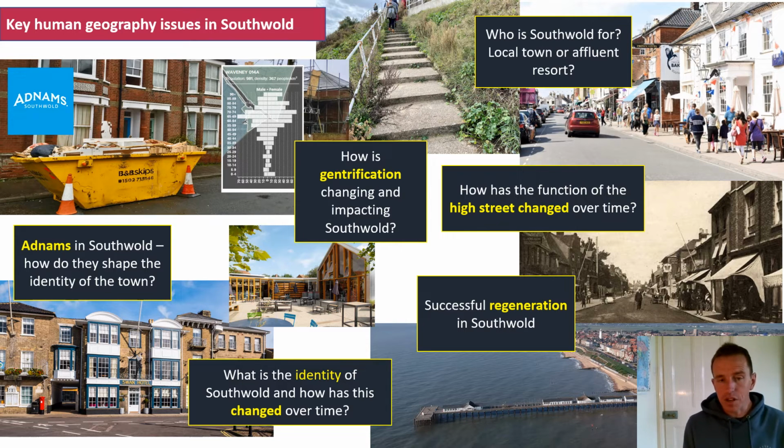So you can, for instance, look at Southwold High Street in 2022 by doing your own fieldwork. You can use this website to gain a real good perspective about what Southwold High Street has looked like historically, and what buildings and businesses were located on the High Street, and how then that has perhaps changed as a result of the increased second home ownership that's developed.